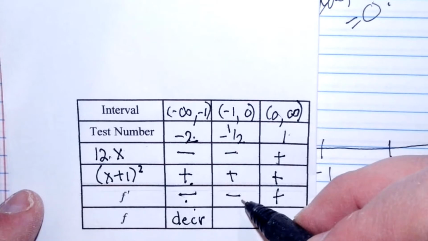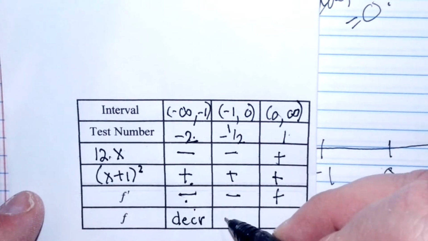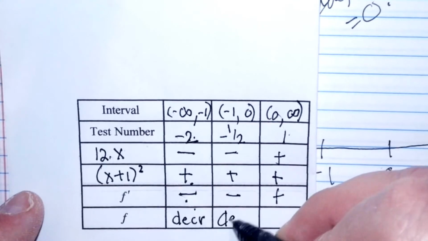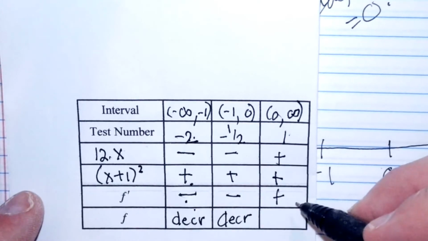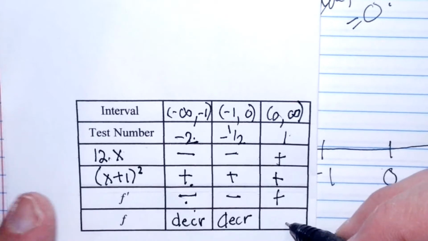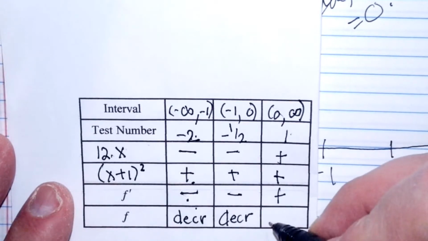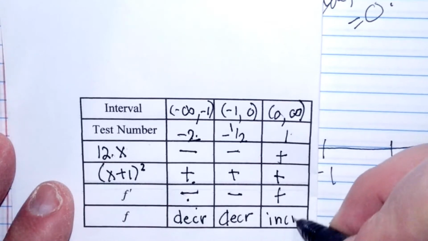And if the derivative is, again, for the next column, negative, the original function is decreasing. And for the last column, if the derivative is positive, then the original function is increasing.